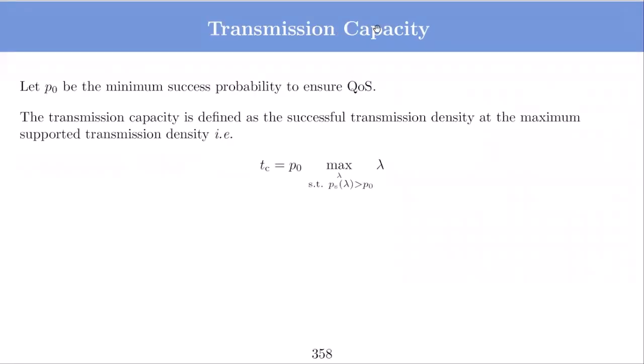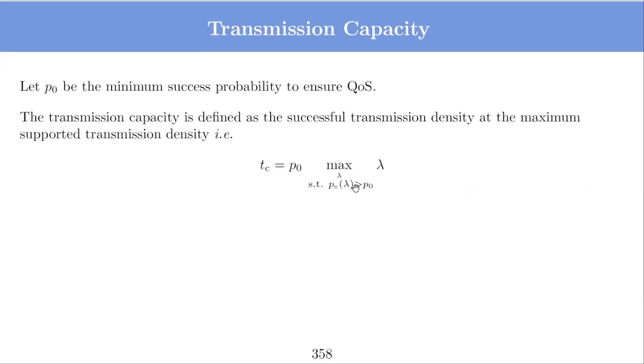So there is a term called transmission capacity. For that, we first fix P0 as the minimum success probability to ensure quality of service. Your success probability should not be below that. Otherwise, there will be a lot of failed communication, and then you have to retransmit many times. Transmission capacity is now defined as the successful transmission density at the maximum supported transmission density.